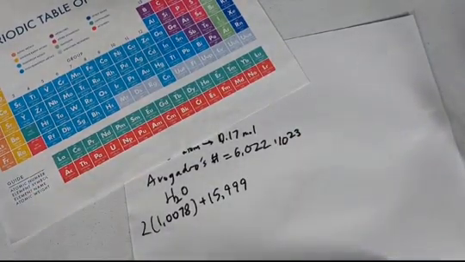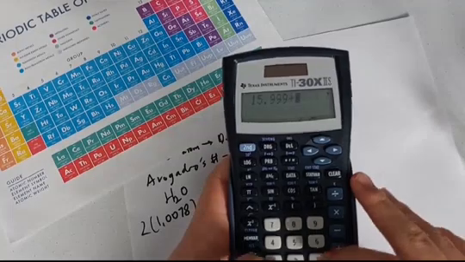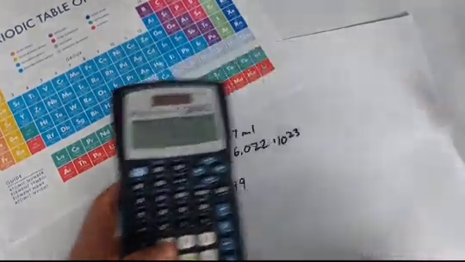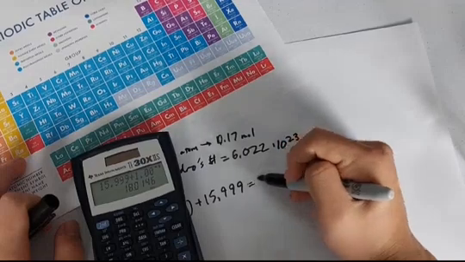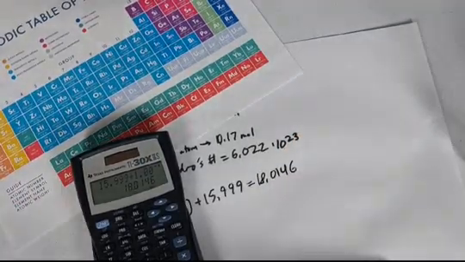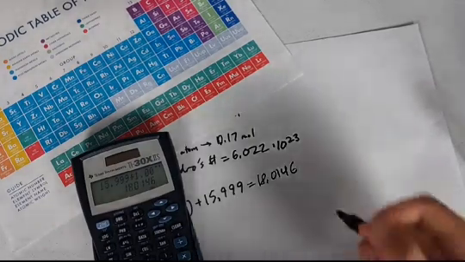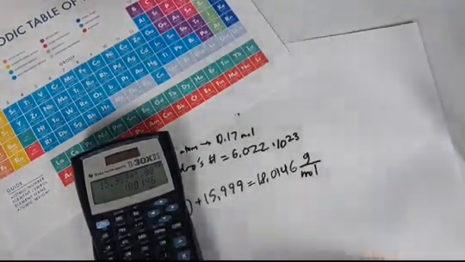Now if you add that up and bring out a calculator, 15.999 plus 1.0078 times 2 is equal to 18.0146. So this many grams of water is 1 mole of water. That's why we can also give the unit 18.0146 grams per mole.